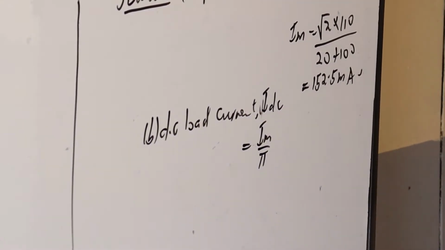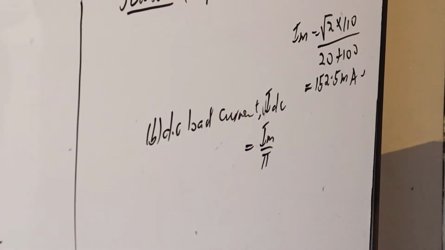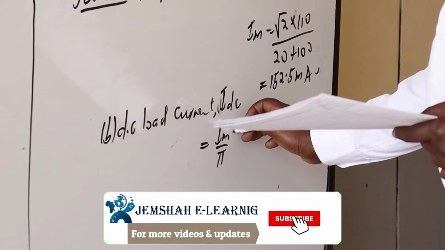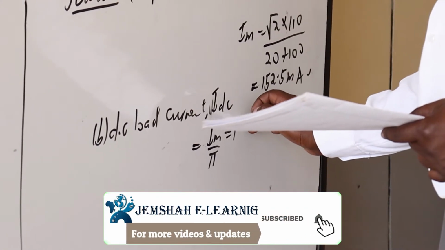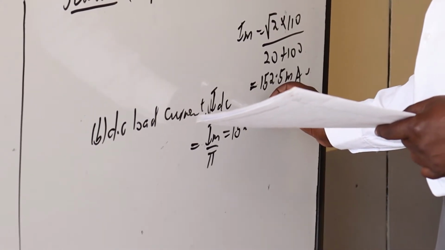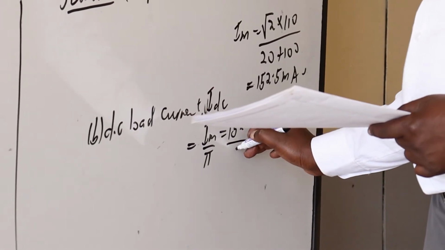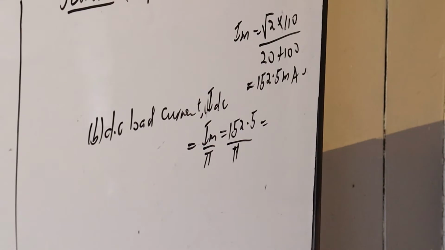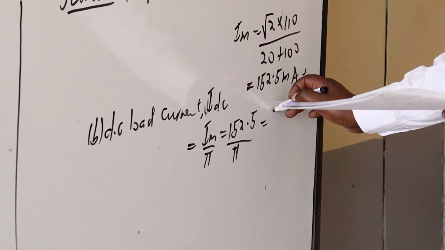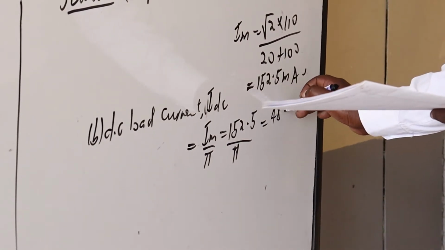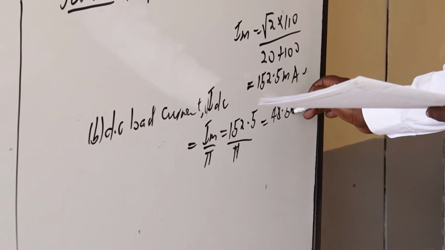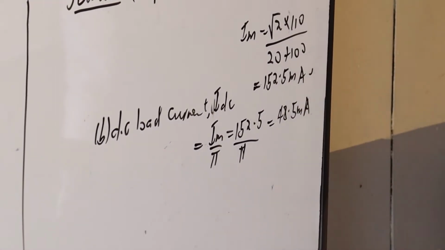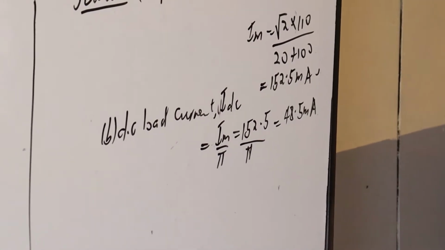That is as per our derivation or under the analysis. So our IM is 152.5 divided by pi, which gives us 48.5 milliamperes.